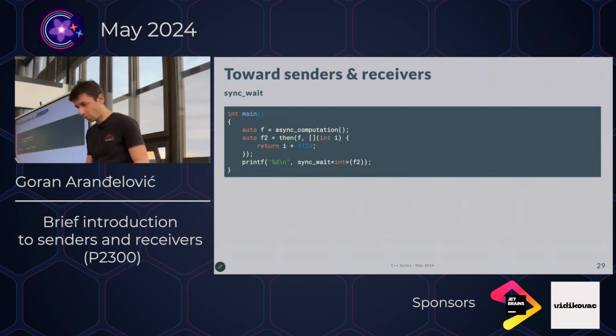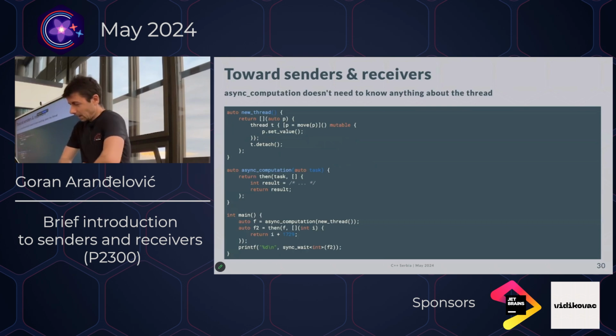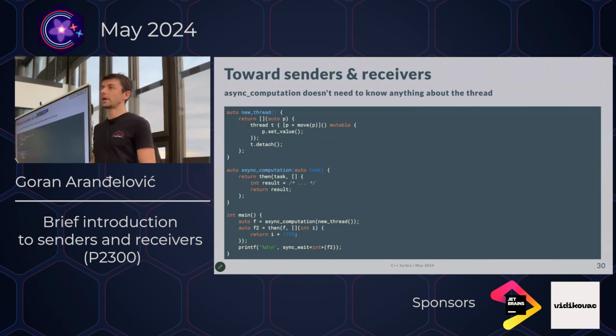Okay, we just spoke about executors, and here is one executor. If you remember, we spawned a thread within our async computation. On the first slide, we started by spawning a thread within the async computation itself. But as one comment was, what we are talking about here today is that we want to separate the concerns. You want to separate your task creation and your computations from the actual place where this will be executed.